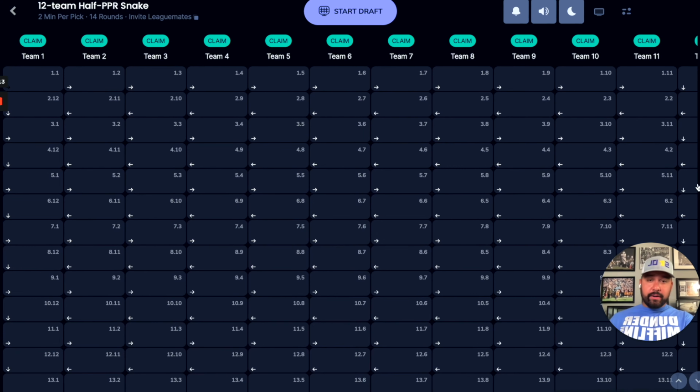Okay? So, let's just talk about the board here. I'm going to hit this little down arrow. Now, this is the draft board. You see these little arrows? They mean something. So this is a 12-team league, and I always do this, but the 12th team's always off the screen here. But the arrows show you it's a snake draft. You see how it goes one way? Then we have a down arrow. Then it comes back over here. So the first team that has the number one pick in the first round doesn't get the number one pick in the second round.